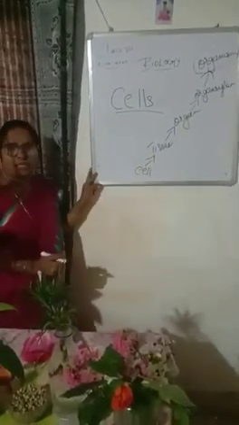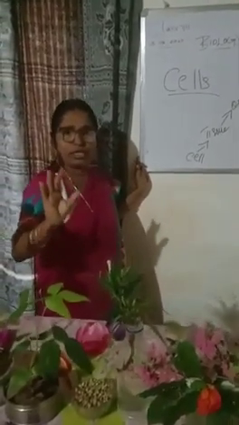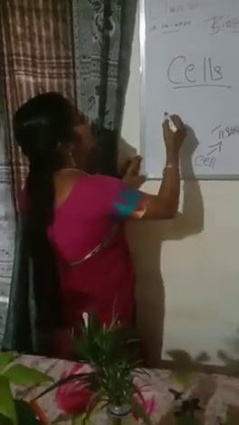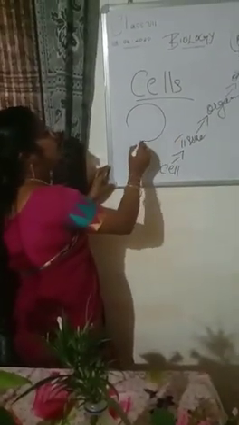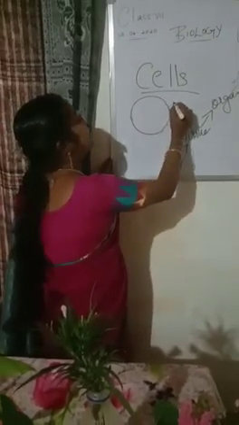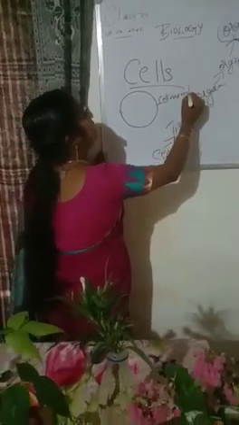Now let us see what is a cell. As we know, it is a structural as well as functional unit of living things. Let us learn its brief structure. The outer covering of the cell is known as cell membrane.